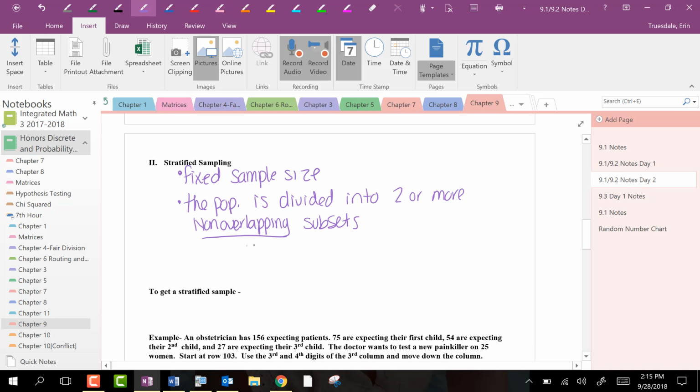Each subset should be more, how should I say it, similar to each other than the population.